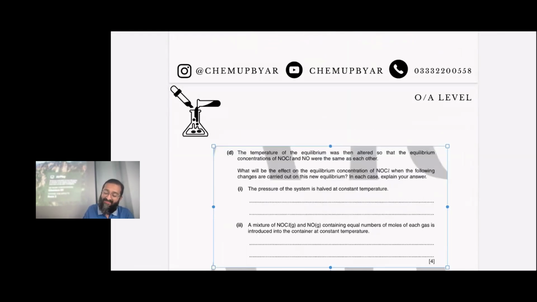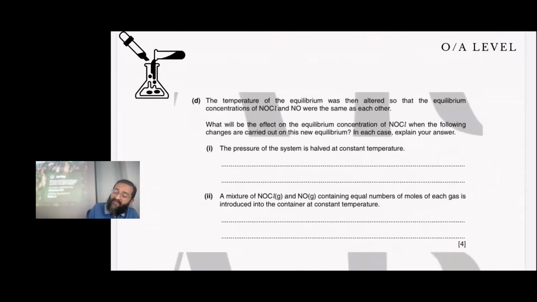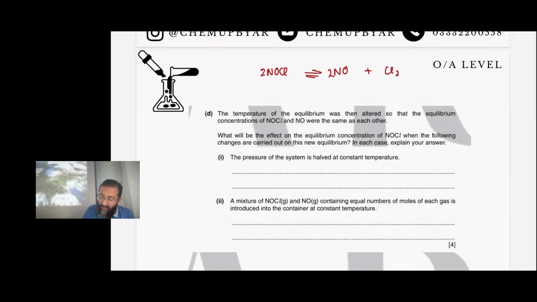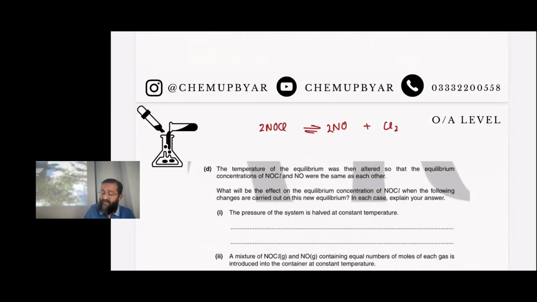Here we go. So I'm writing the equation over here. And from the information that we got so far, 2 moles of NOCl are reacting, or actually decomposing, to give you 2 moles of NO and chlorine.